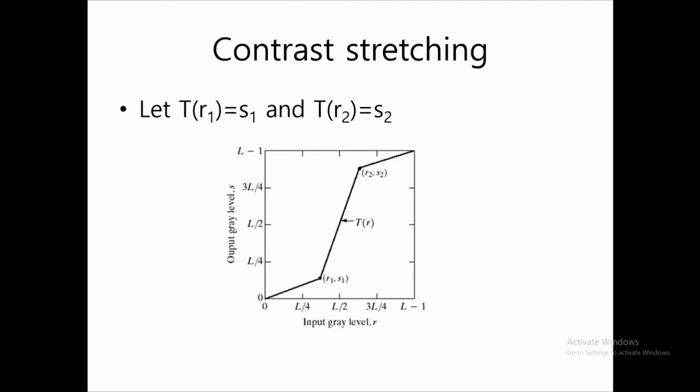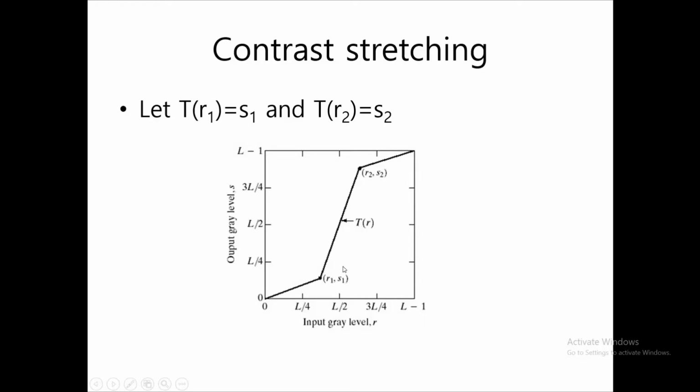In this particular transformation, we have selected 2 points, R1S1 and R2S2. This is the transformation function T(r). We have the input gray level r, the output gray level s, and this transformation function T(r).